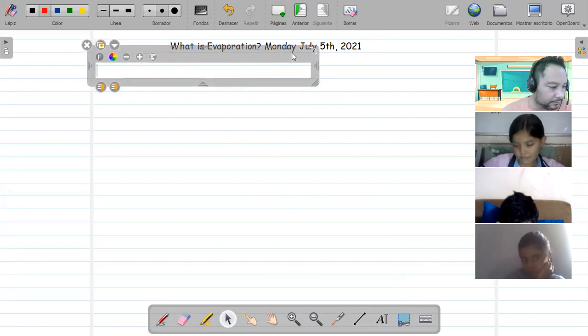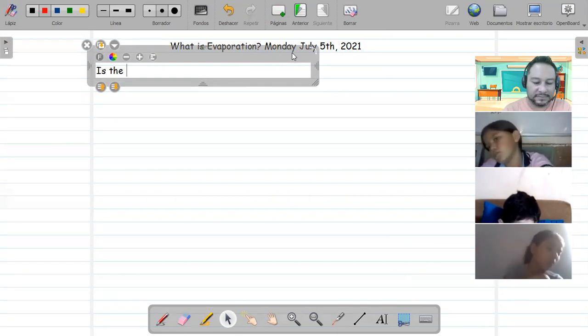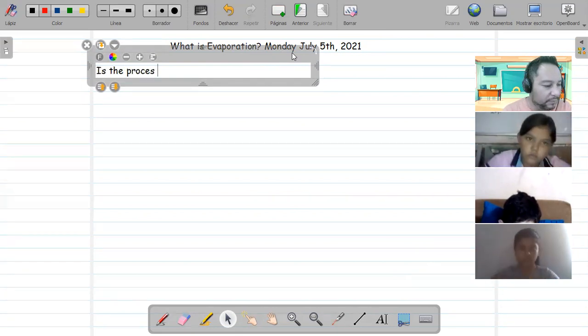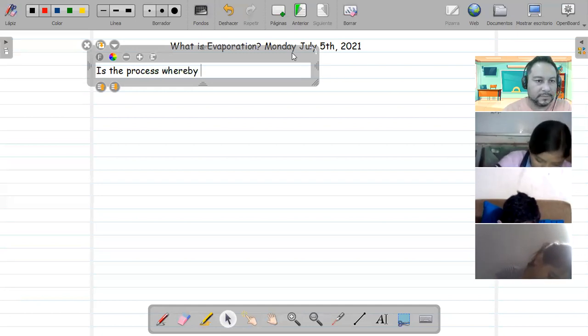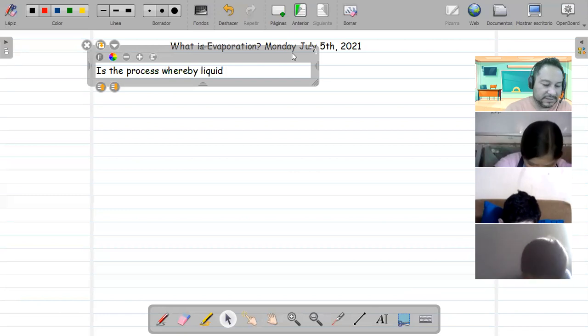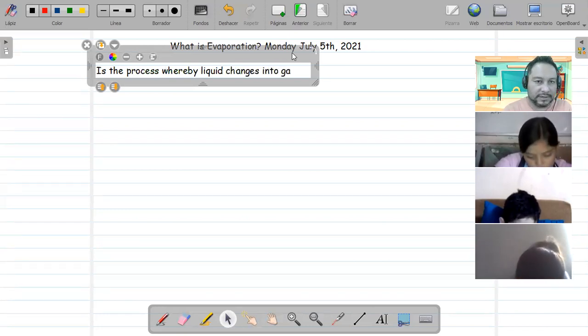Evaporation is the process whereby liquid changes into gas when it occurs.